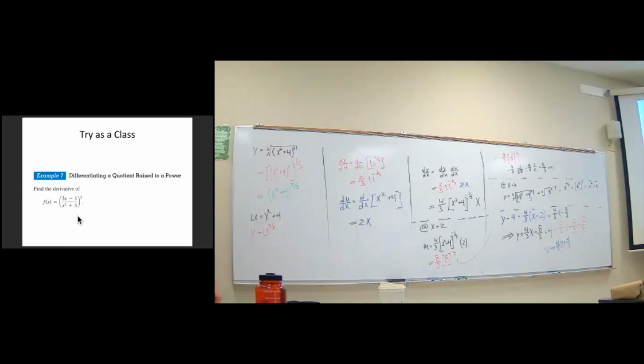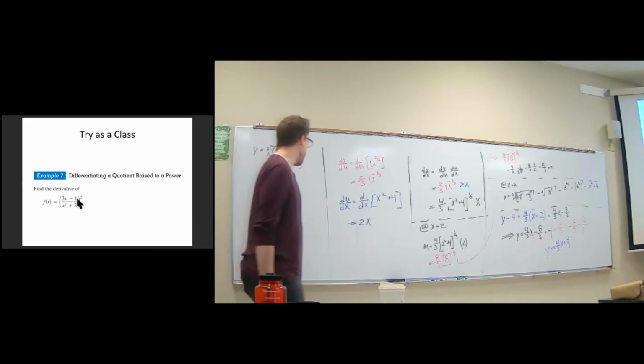And that's the point of this problem, is to say, you could either distribute that power all the way through, in which case you would get the quantity 3x minus 1 squared divided by the quantity x squared plus 3 squared. Or you could say, yeah, let's use the chain rule. This thing we're going to have to hit with the quotient rule no matter what. But at least I know dy du, it's going to be pretty quick and easy.